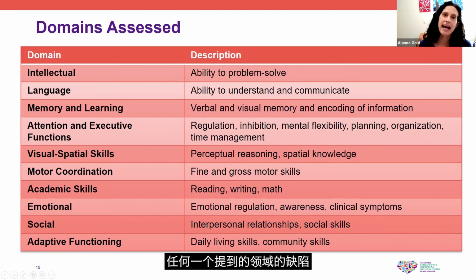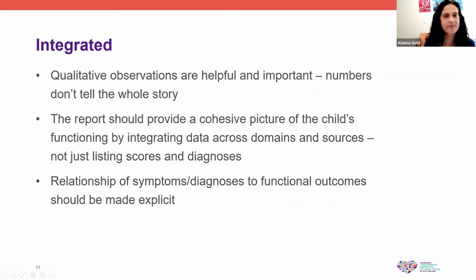Really, deficits in any of these mentioned areas can disrupt a child's ability to learn or function properly in their environment. And really, integration of this information is key to a neuropsychological evaluation.